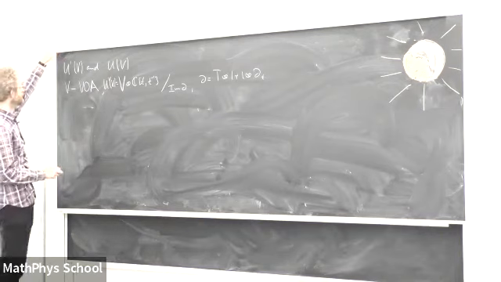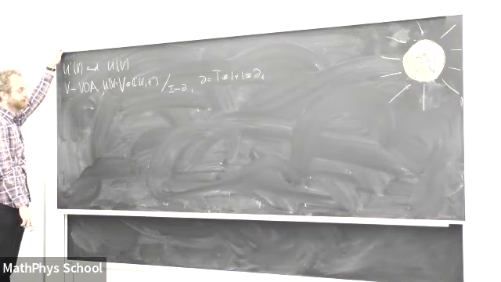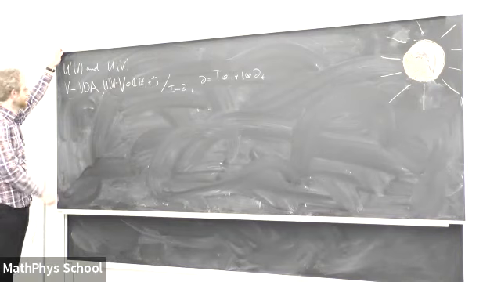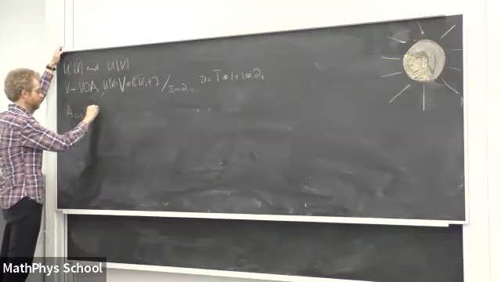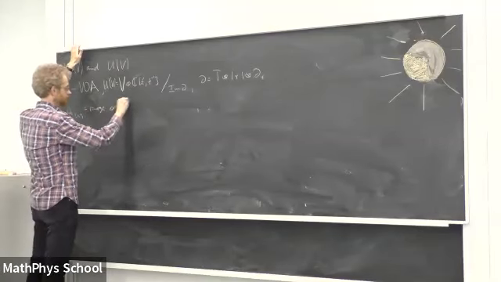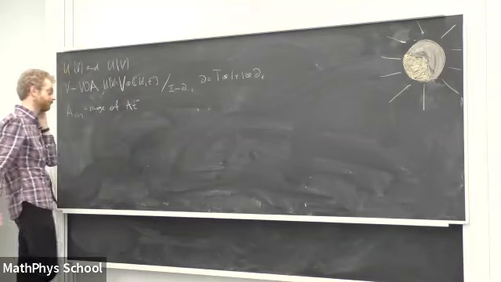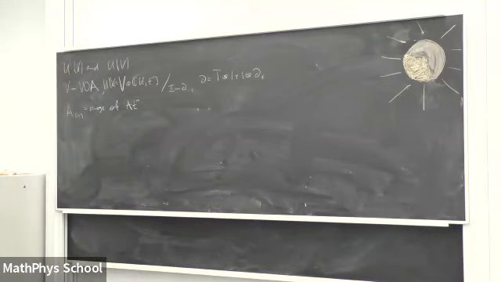Now let us do the following. So we denote by A_n the image of A t^n.